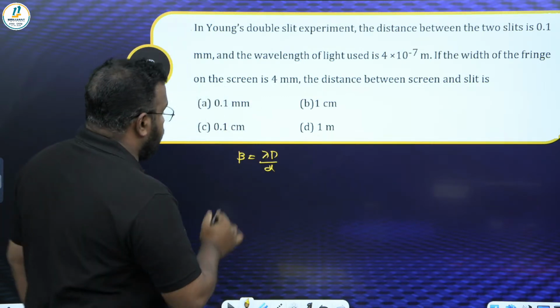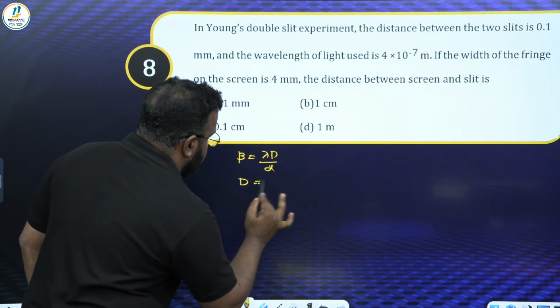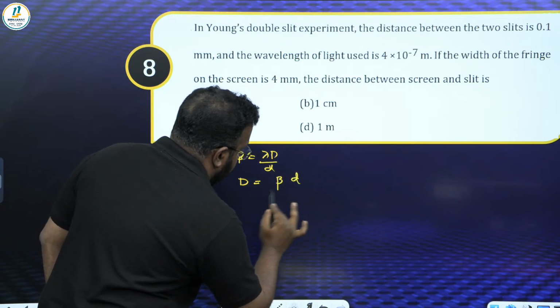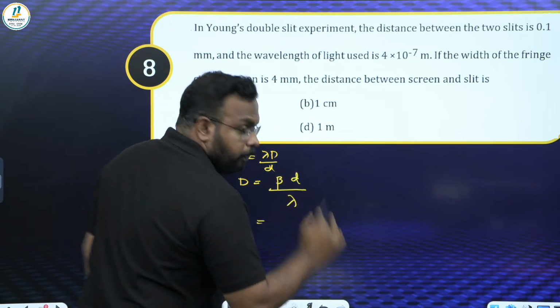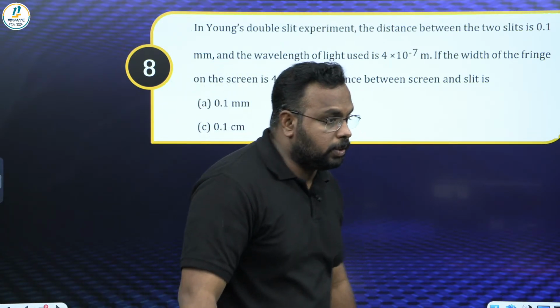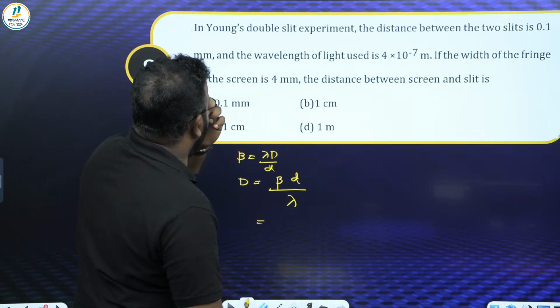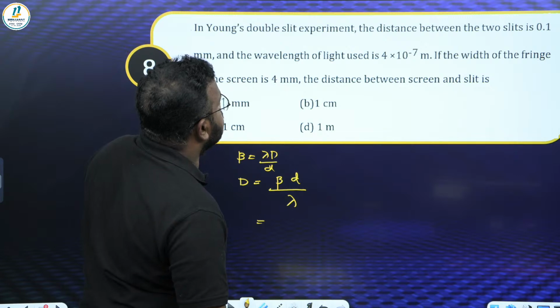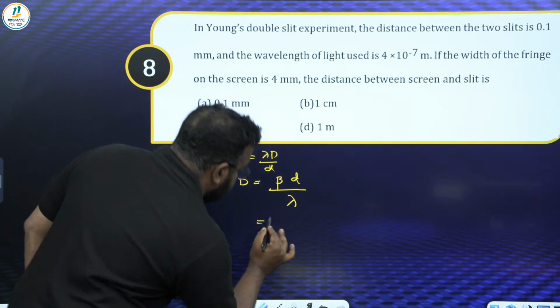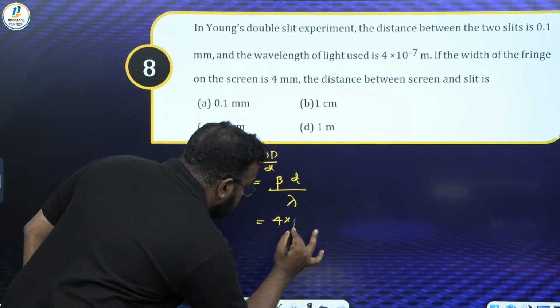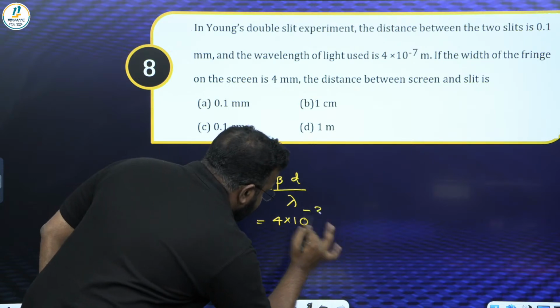They are asking for the value of capital D. So D is equal to beta small d by lambda. Yes, very good, G. Correct. Now you can substitute the beta value. What is beta? The width of the fringe is 4 millimeter, so 4 into 10 to the power minus 3.